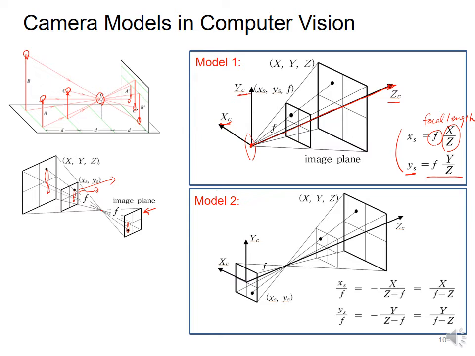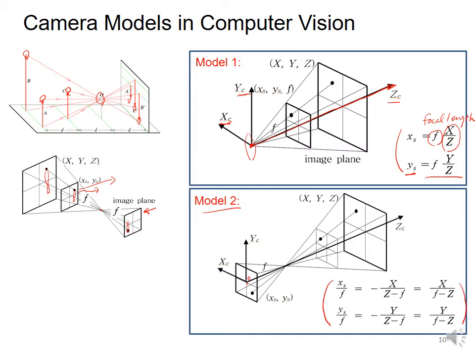The coordinate system below, model 2, is when the origin of the coordinate system is centered at the image plane. At this time, the coordinate value of the projected image is expressed by the following equations.